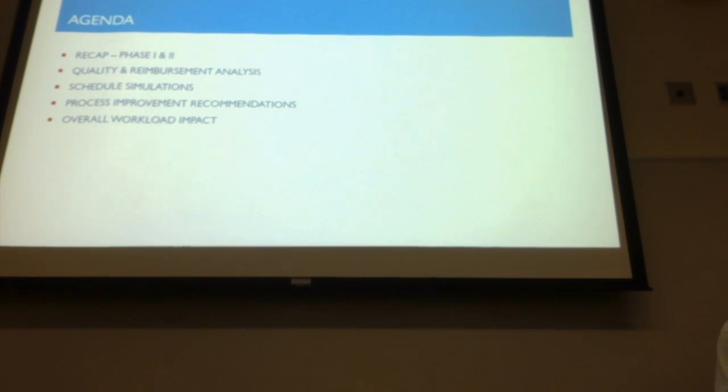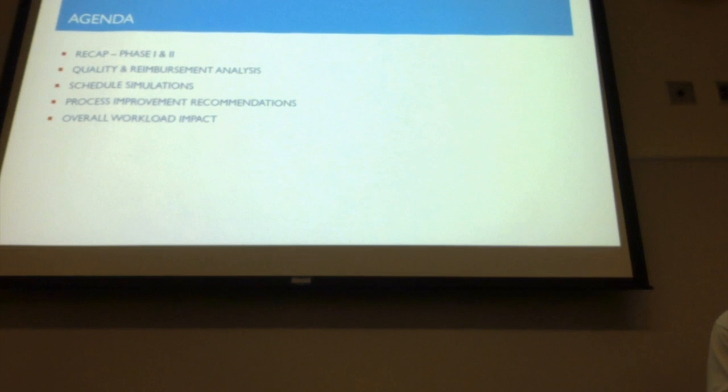We separated them into short-term, intermediate, and long-term, and divided them into 4 different buckets that we will get into later. Then we're going to talk about the overall workload impact these recommendations will have on Kids Plus in terms of throughput, and the overall improvement in throughput Kids Plus will have if all of our recommendations are implemented.